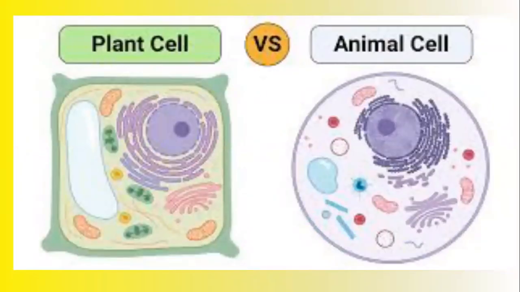In this diagram, you can see a plant cell and an animal cell, and you can see the difference. We will first discuss the different parts of cells, and first we will describe the animal cell, then we will describe the plant cell, and then we will go into detail on the difference between these two.